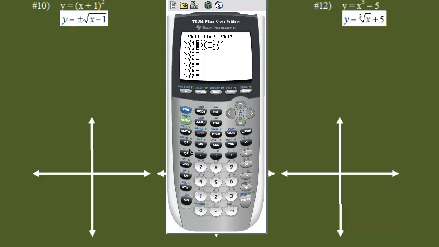Second insert, second square root. There we go. And then for y sub 3, I type in the negative version of that. Negative second square root x minus 1.